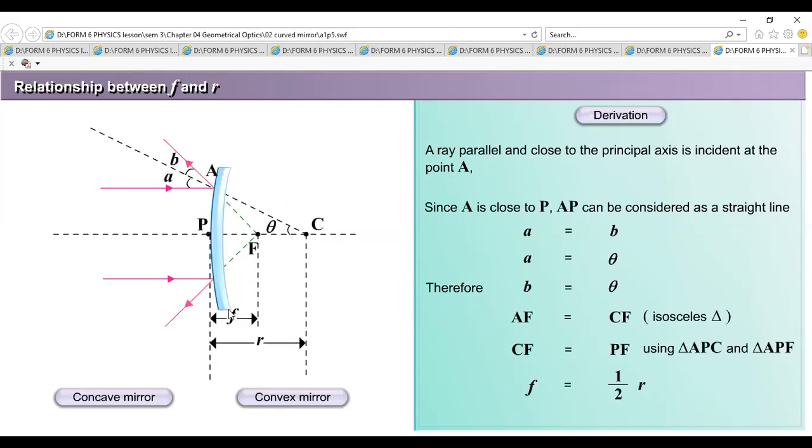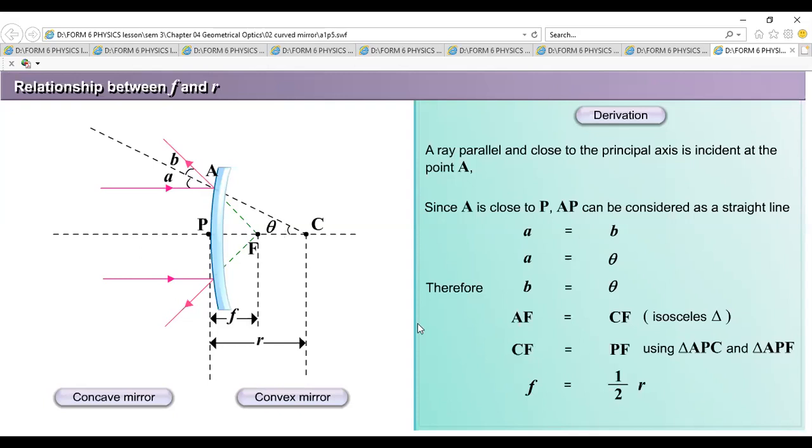For a convex mirror, the light is reflected at the surface of the convex mirror. Same thing: the line from C passes through the center of the light beam, so it forms the angle of A equal to the angle of B. Once angle A equals angle B, that means it will be equal to the angle of delta.